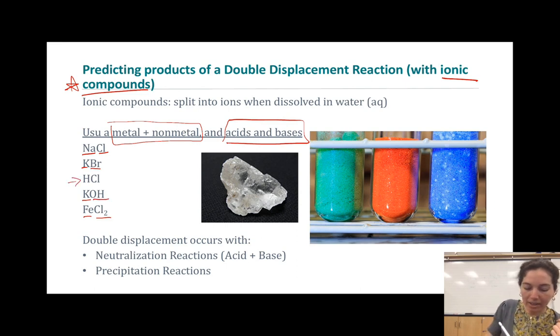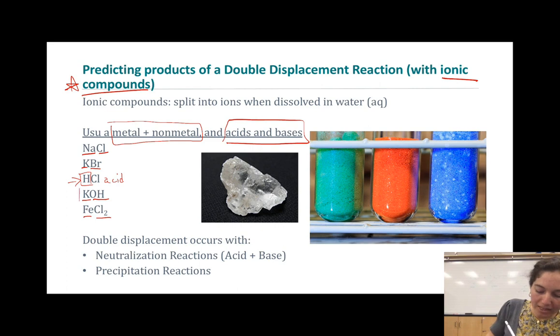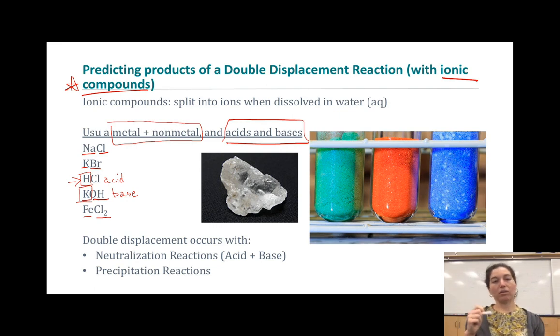This is an acid right here. Hydrogen can act as a metal or a nonmetal. It's a very interesting compound, so it kind of classifies as ionic, but it's also kind of not ionic. It's a misnomer. And this here is a base, but it also qualifies as metal and nonmetal.